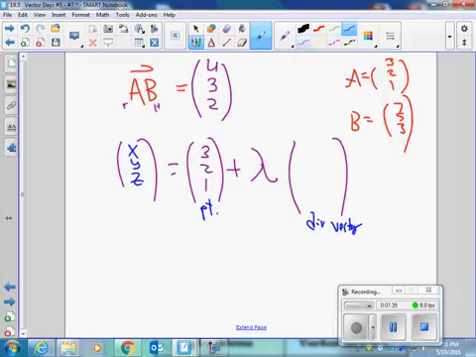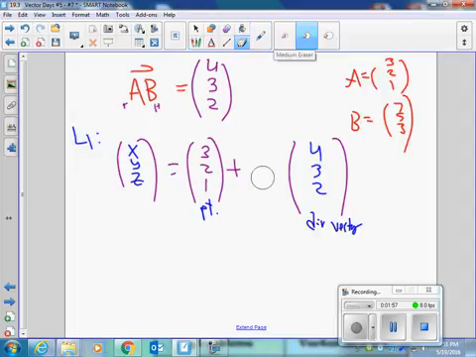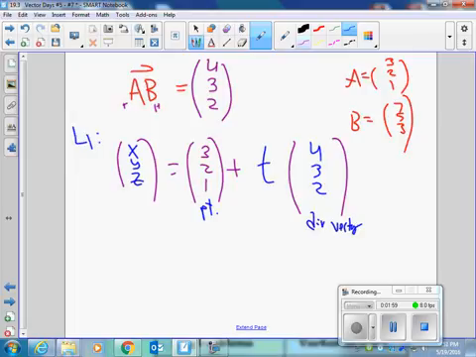That's the point, and then we need a direction vector going from A to B. What's the direction vector? 4, 3, 2, right? We did AB. Don't pick B because that's just another point. But direction vector AB, 4, 3, 2. Now we have a line that we can do whatever we want to. Maybe instead of lambda, we have t here. And that's going to give us time delays like 3 seconds, 4 seconds.